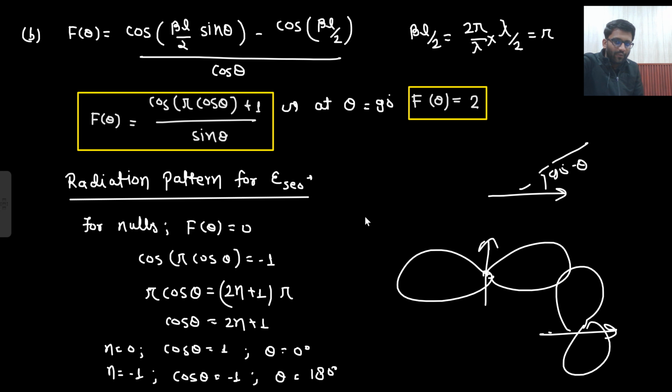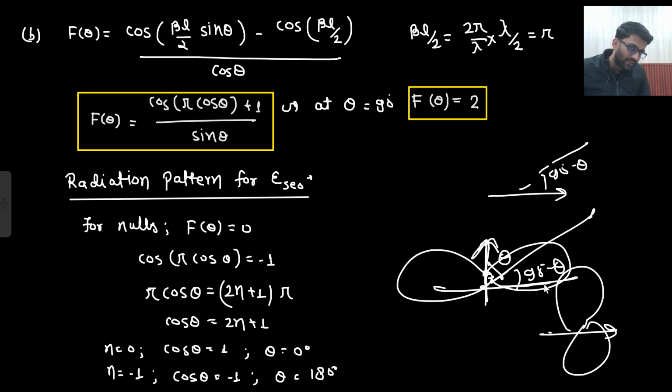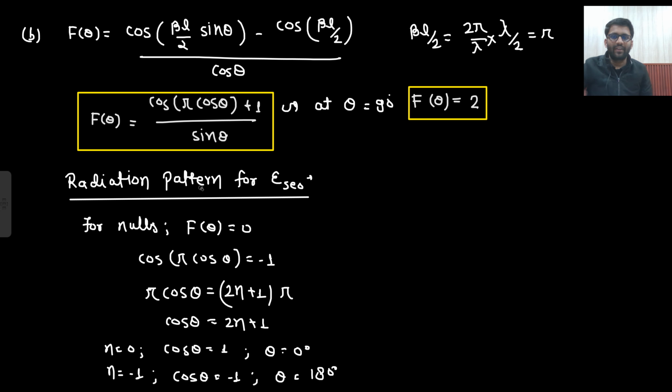If I just rotate it, this is how the radiation pattern will look like. So in the examination, if you make this mistake, you will realize that you have taken this antenna, because the angle between the arms of the antenna and the ar cap is this theta, and that theta you have taken here. But our actual theta is here 90 minus theta, because this is how my antenna is placed. Since I am making fair notes, let's make it correct again.